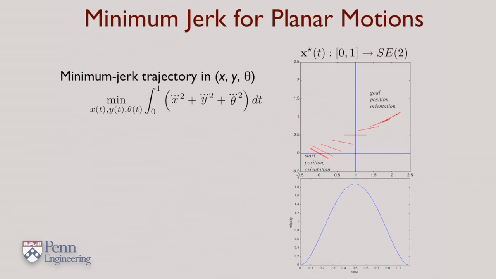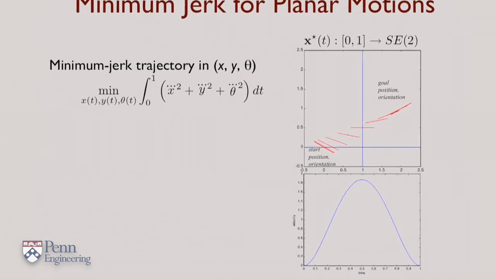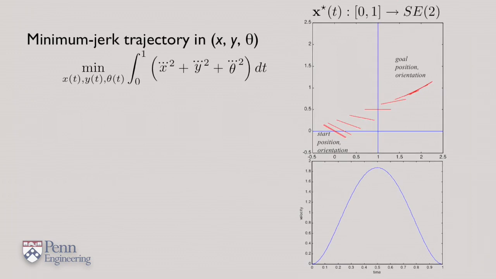And here's how you might think about the minimum jerk trajectory in 3 dimensions. Here we're looking at a trajectory in the x, y, and theta space. We're assuming we're given a starting x and y position and a starting orientation theta, and we're given a final x, y, and theta.